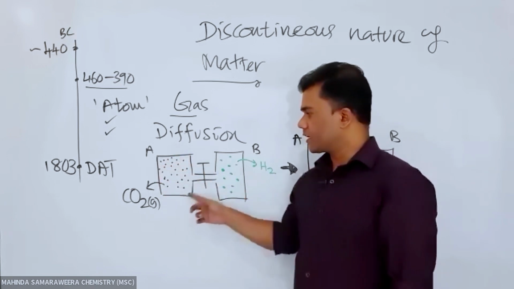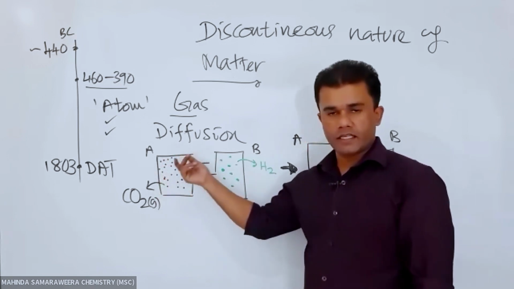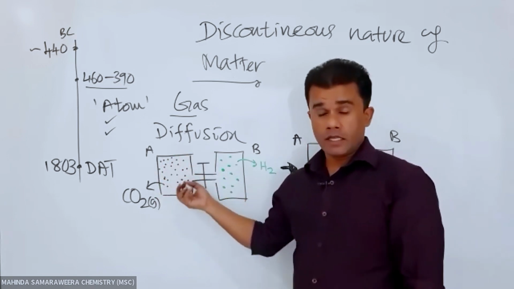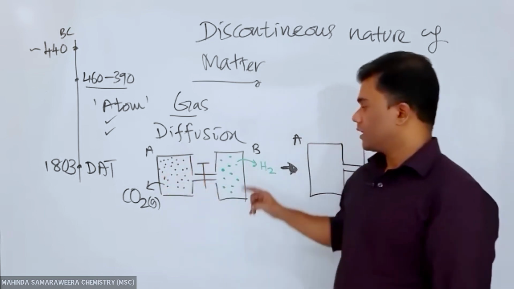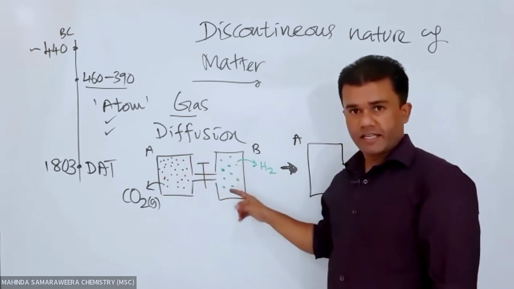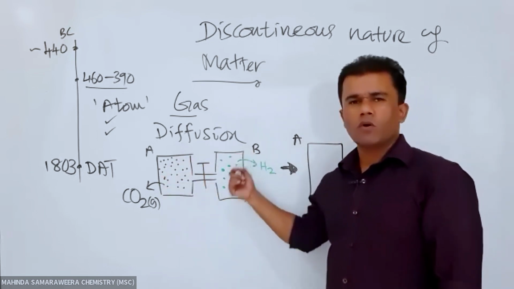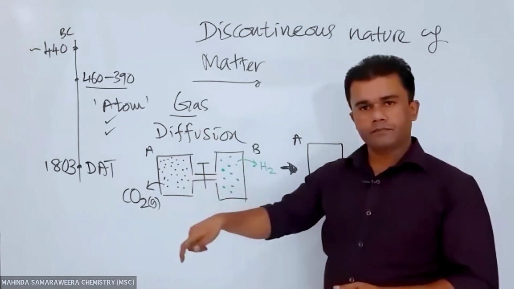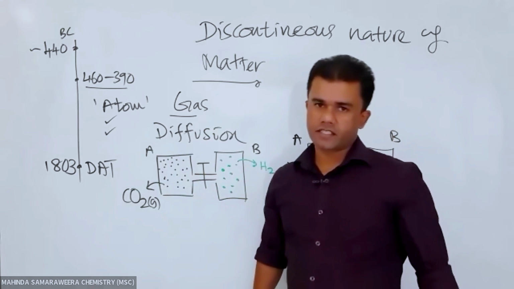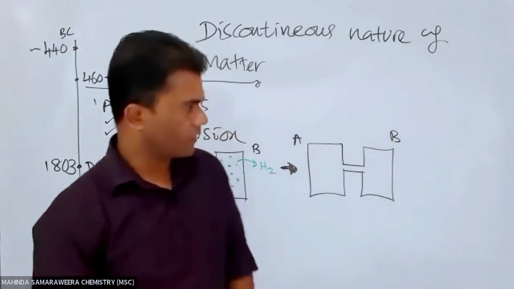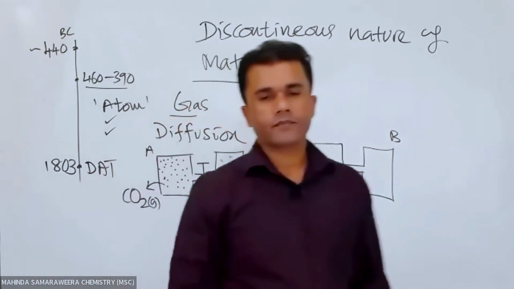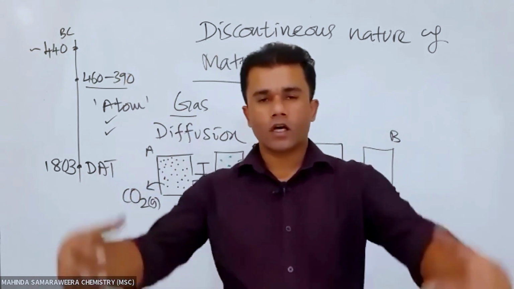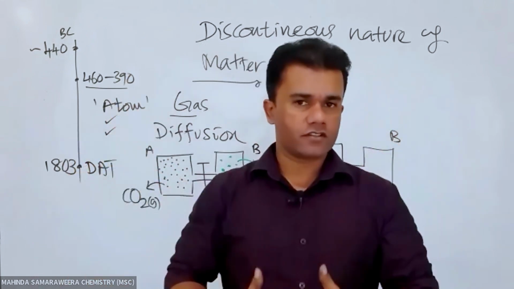One vessel is completely filled with carbon dioxide, and here the concentration is high, with a large number of carbon dioxide particles. This vessel is filled with hydrogen gas, but here the concentration is low, with a small number of hydrogen particles. Then we have a tap, so movement is restricted initially. But now I open the tap, open the valve, and the gases can freely mix with each other.